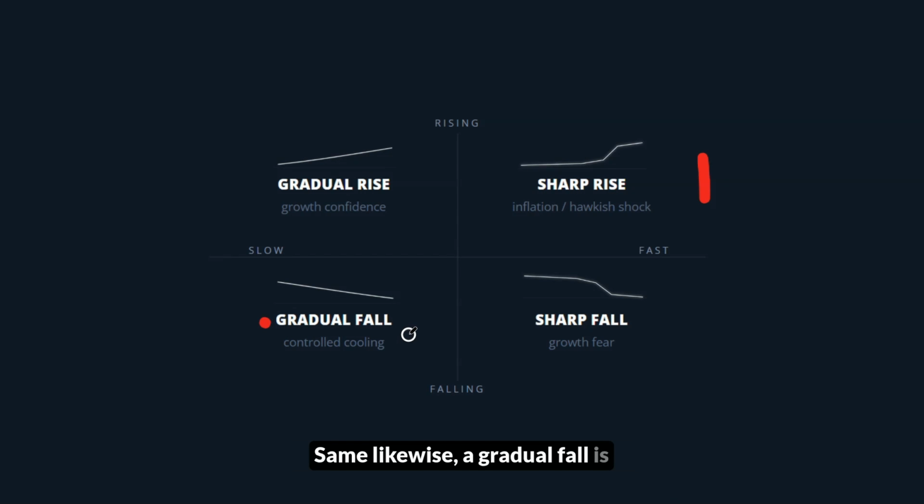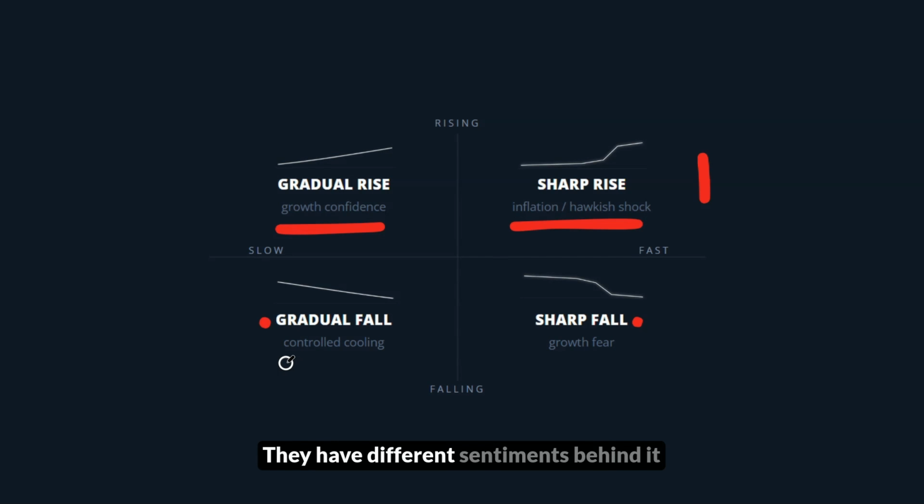Likewise, a gradual fall is not the same as a sharp fall. They have different sentiments behind them. Get this wrong and you'll do the wrong analysis on the wrong environment, okay? So follow along this section closely because it's very important. Save the next slide I'm about to show you and come back to it as many times as you need. It's going to be a gold mine for your fundamental analysis.